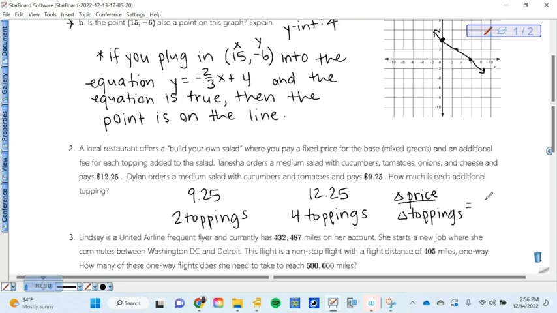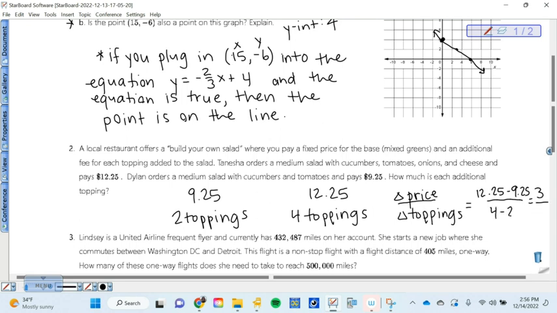So what's the change in price? What's the difference between $12.25 and $9.25? Good, that's 3. And what's the difference between the number of toppings? 2, right?